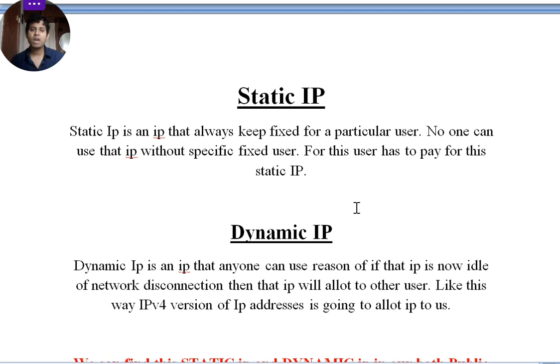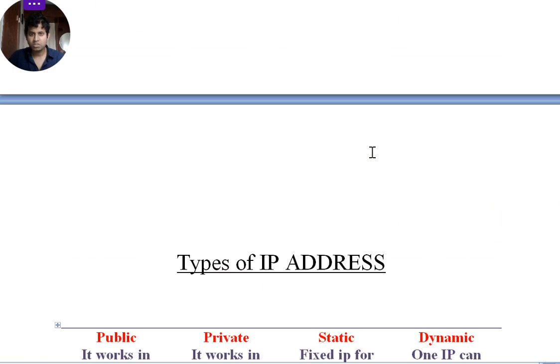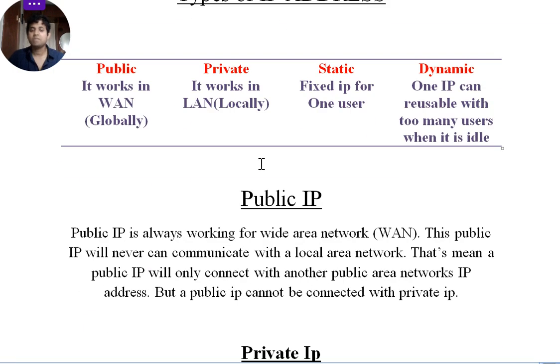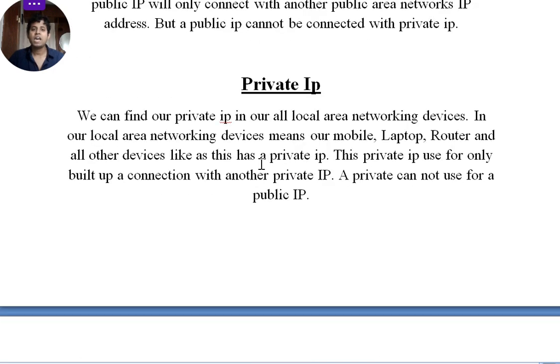For IP version 4, 4.7 billion addresses have been booked in total, and we common people are always using IP version 4 addresses, not IP version 6.